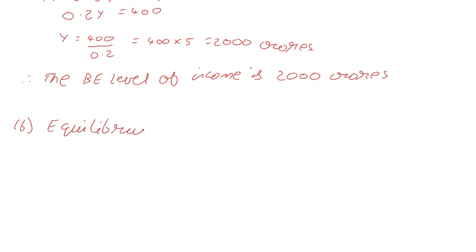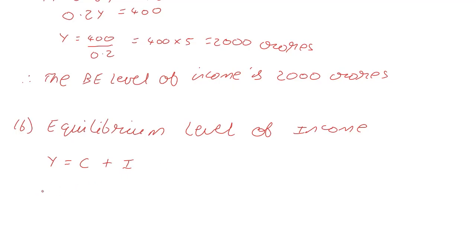Equilibrium. The condition for equilibrium level of income is Y is equal to C plus I. Income is equal to consumption plus investment.